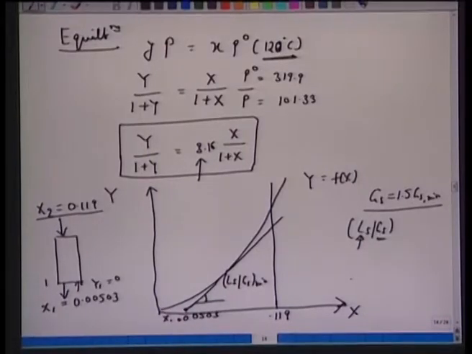GS flow rate. Now before we calculate, let's try to understand what happens to the slope of this curve. This curve here, y versus x, and try to understand how the slope changes if in one case we have absorption, and in the other case we have desorption.